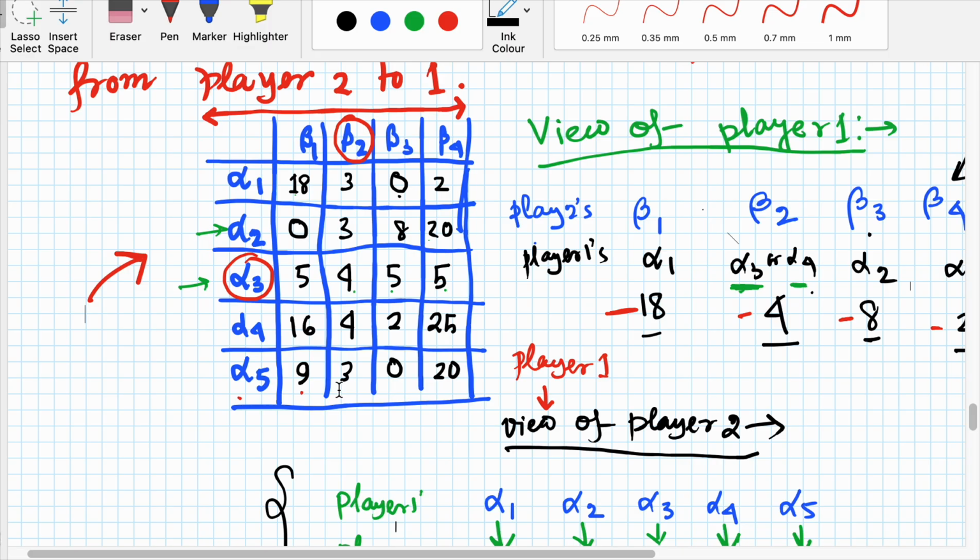That solution concept we get when player 1 looks at the possible best options for player 2.